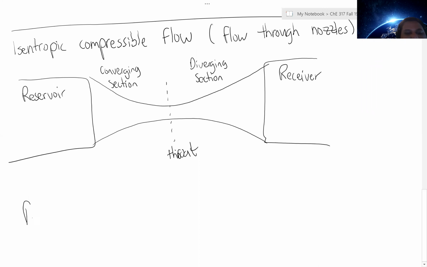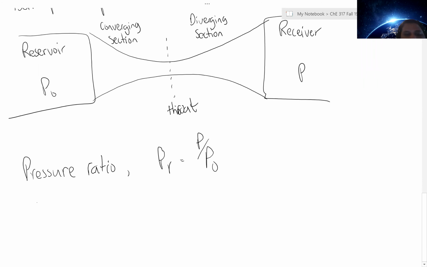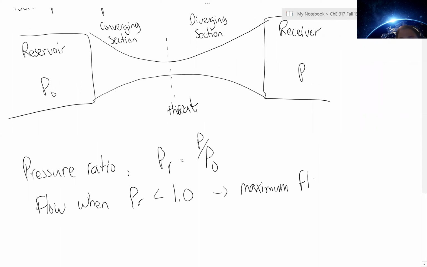And we can consider things in terms of a pressure ratio. If this is P naught and the receiver is P, the pressure ratio is simply P over P naught. Where we consider flow when our pressure ratio is less than 1, where we can have a maximum flow rate, which occurs when we experience choked flow.